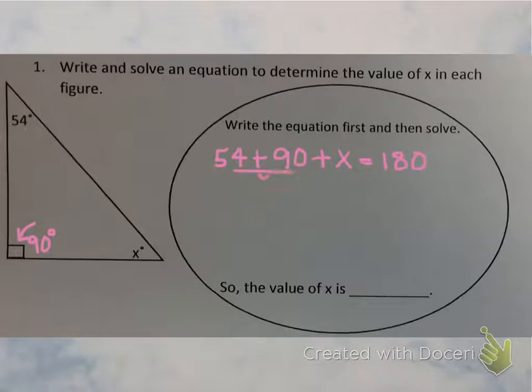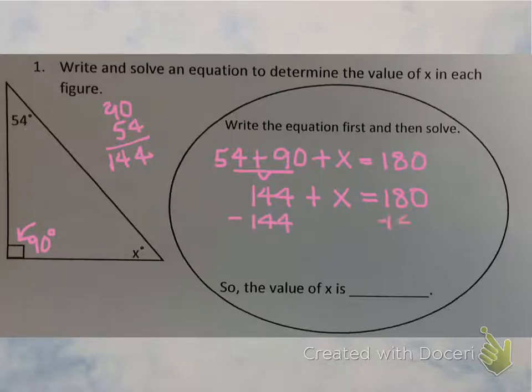We need to add 54 plus 90. If you need to, you may go over to the side and add 54 plus 90, which gives us 144. Bring down your plus, bring down your x, finish out the equation. Now this is an equation that we're used to, our one-step equations. This is a positive 144, so we need to subtract 144 from each side to balance.